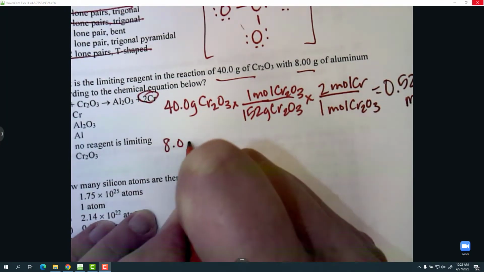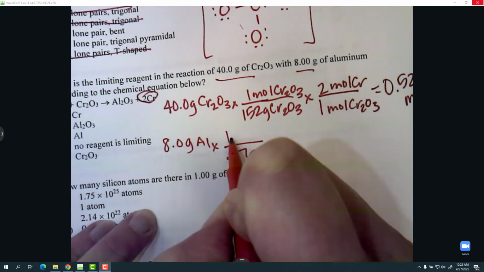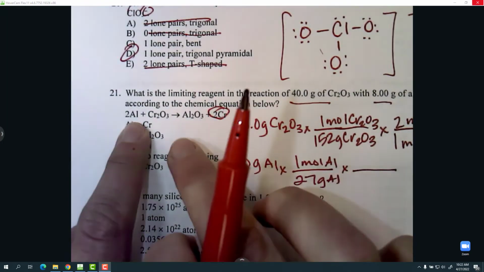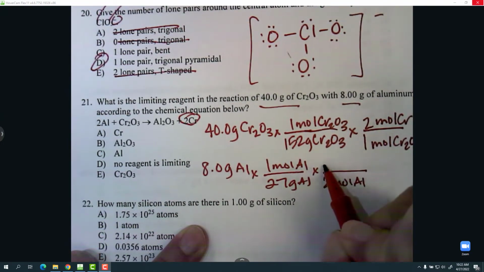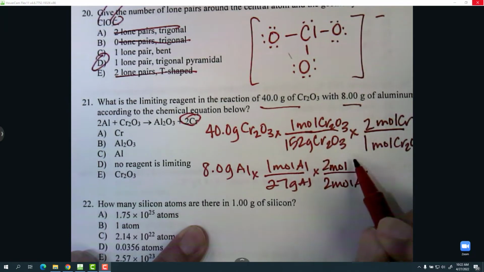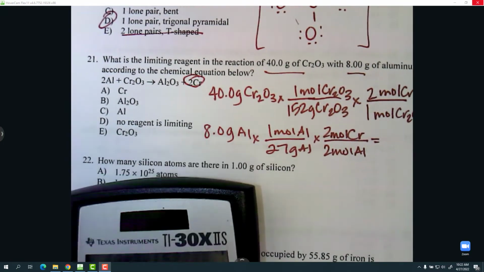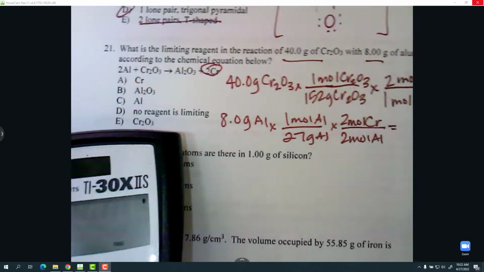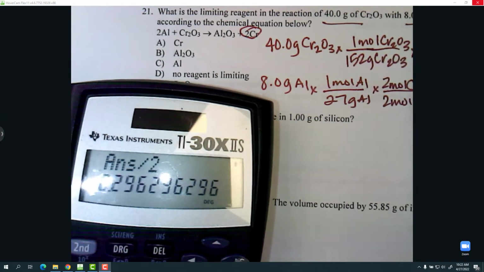Then I do the same thing for aluminum. And I look at the mole ratio, and it's 2 to 2, so 2 moles of aluminum. Remember, I want the same end point, so I want chromium again. 8 times 2 divided by 27 divided by 2.